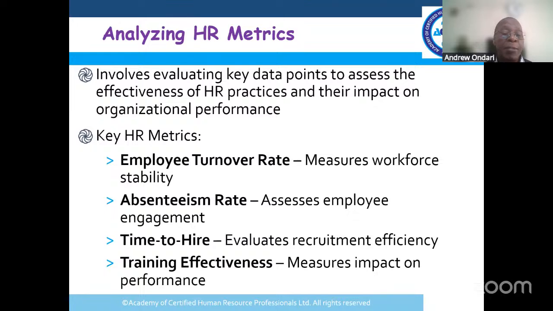So like I said before, not all areas can be measured quantitatively. Some are measured qualitatively, like the one that I have just mentioned. That is reaction. You cannot measure reaction quantitatively. You cannot measure behavior quantitatively. And you can also not measure effectiveness quantitatively.